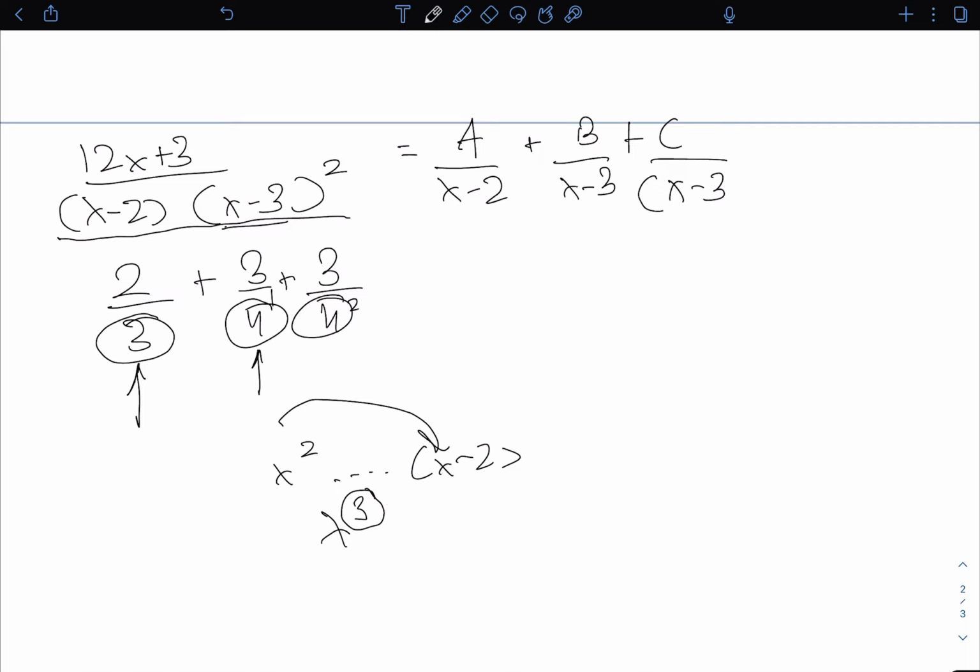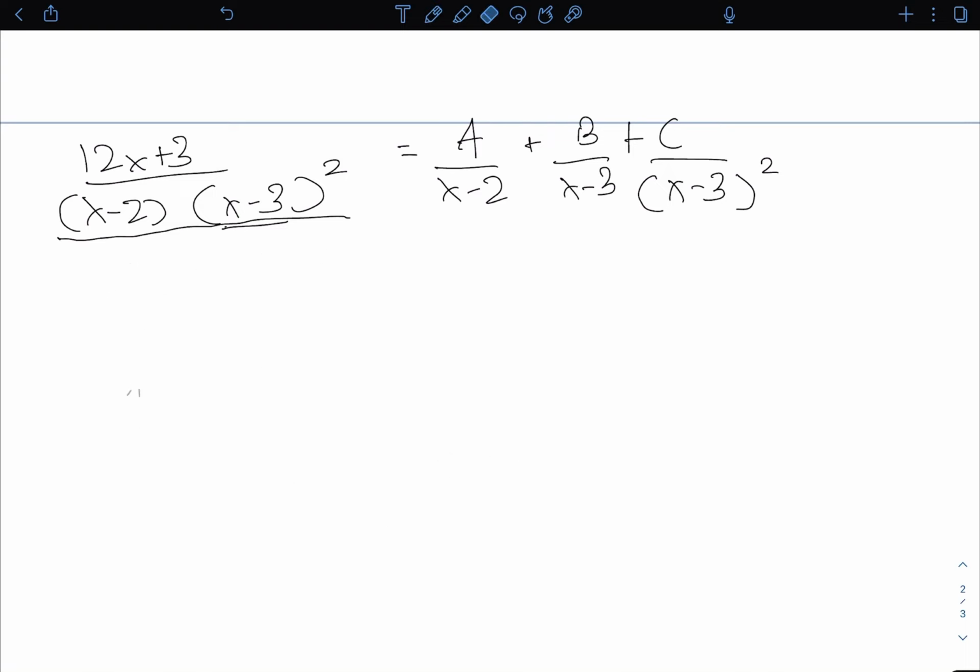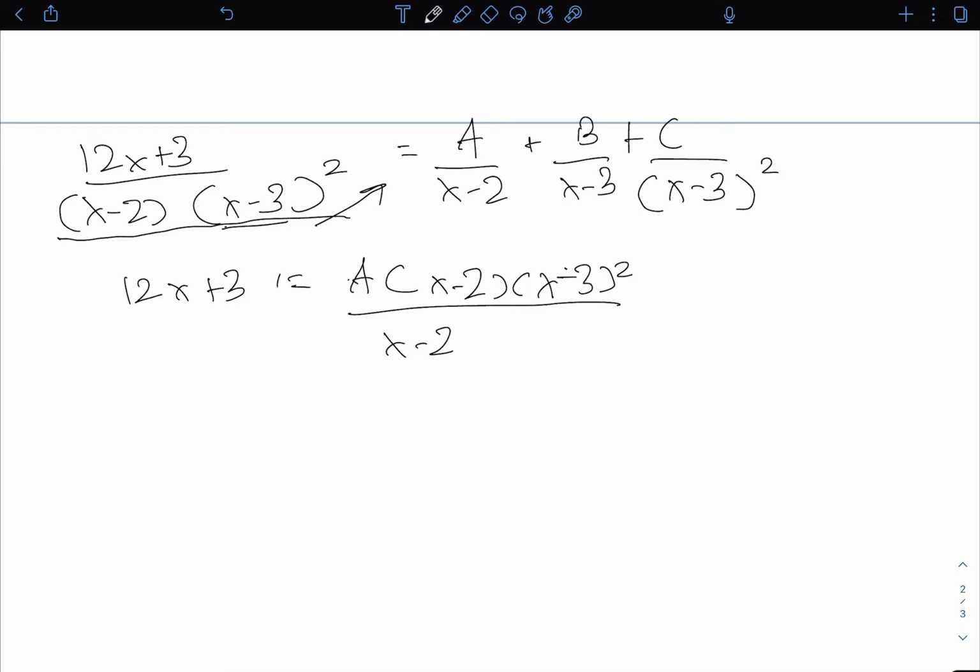I'll remove all these arrows. x minus 3 squared, right. So let's actually solve this so you can find the values of a, b, and c. Similarly to how we did case 1, you just move this entire denominator to the right side of the equation. Now you should get a times x minus 2, x minus 3 squared over x minus 2, plus b times x minus 2, x minus 3 squared over x minus 3, plus c.